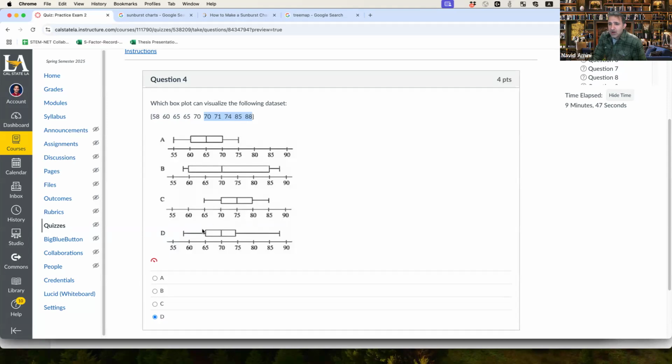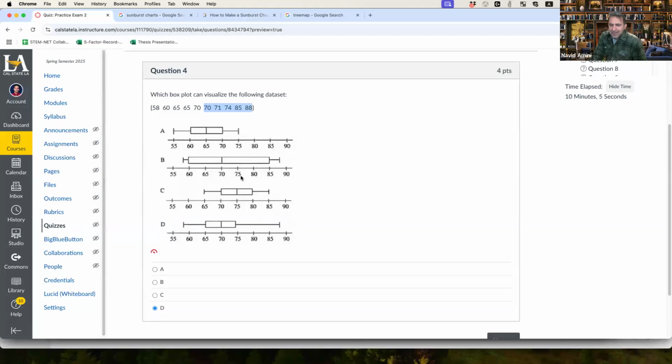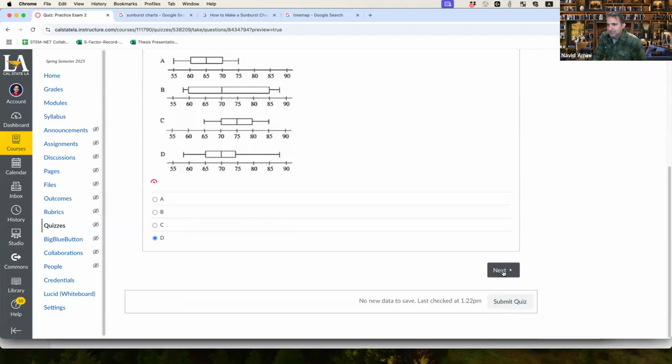So 65 and 74. Okay. The median of first half, the median of the entire data set, the median of the second half. No problem, Alan. So that was justification of why we chose D.